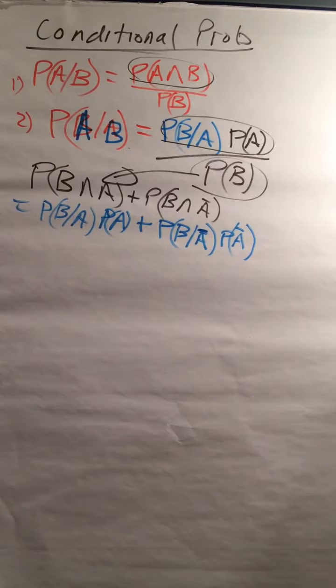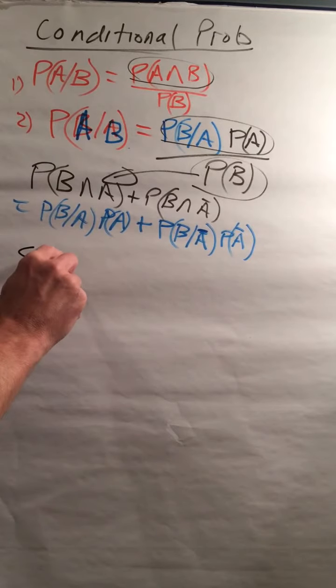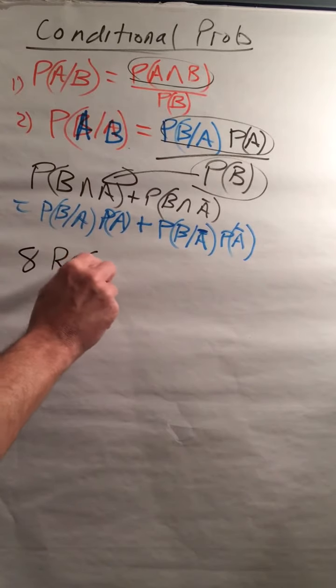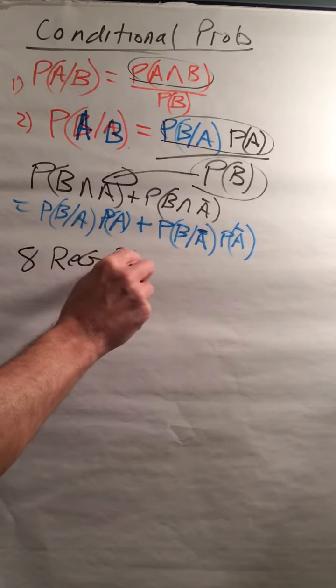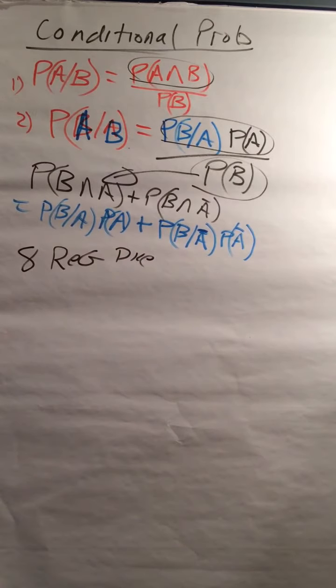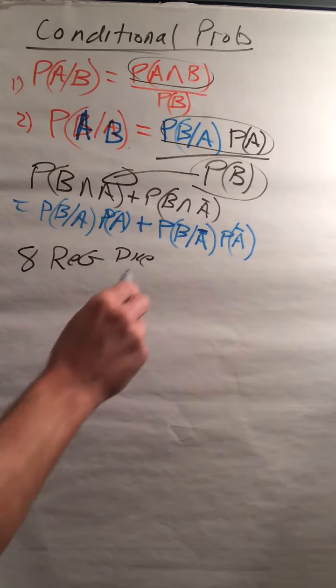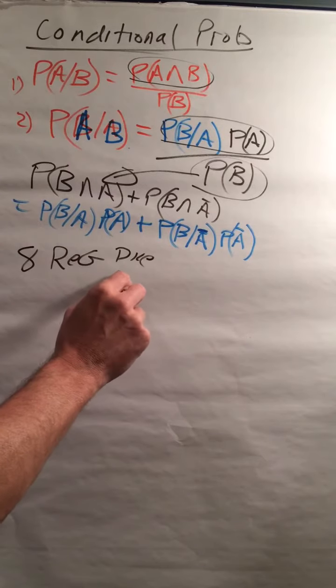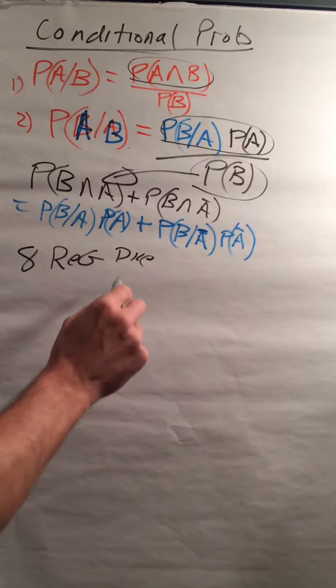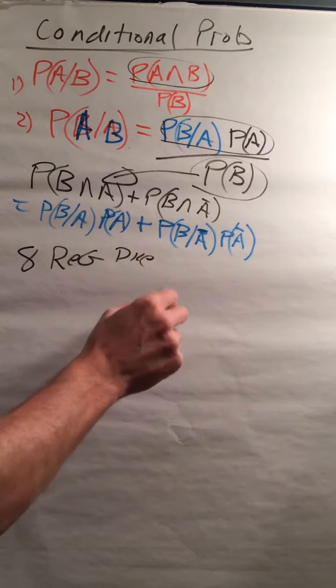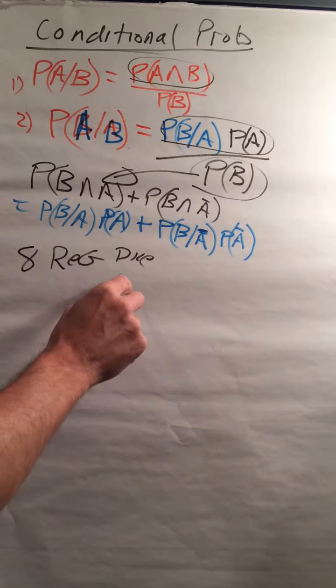Let's suppose we have a bag with 8 regular dice. When I say regular, I mean the probability of getting a 1, 2, 3, 4, 5, or 6, either one of those is 1/6.